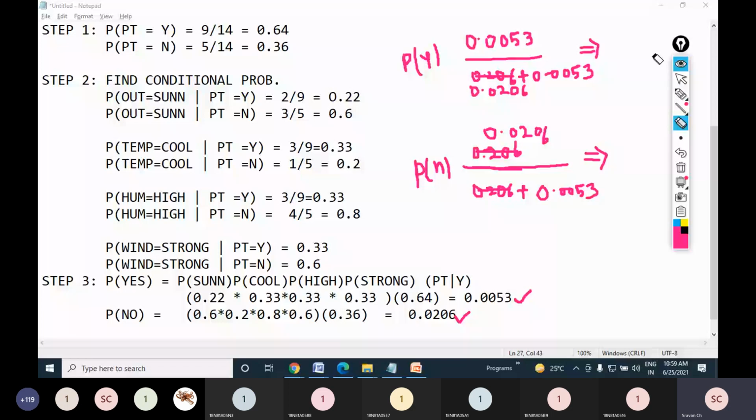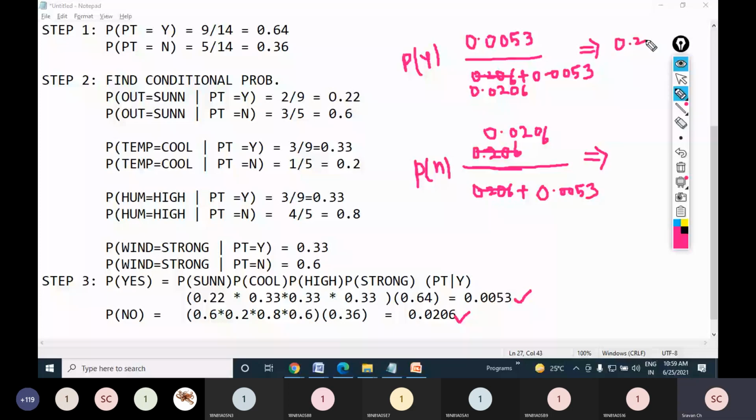Now I'll calculate the first one. 0.0053 divided by 0.0259. It is coming around 0.204.